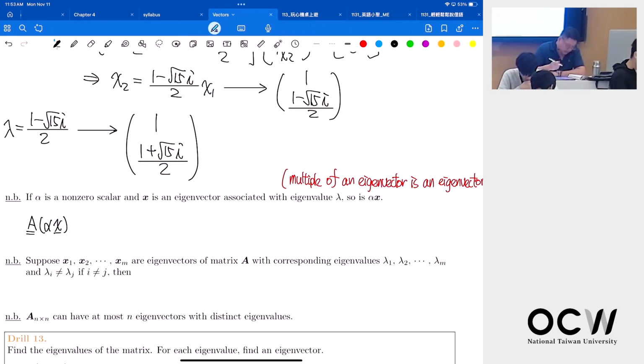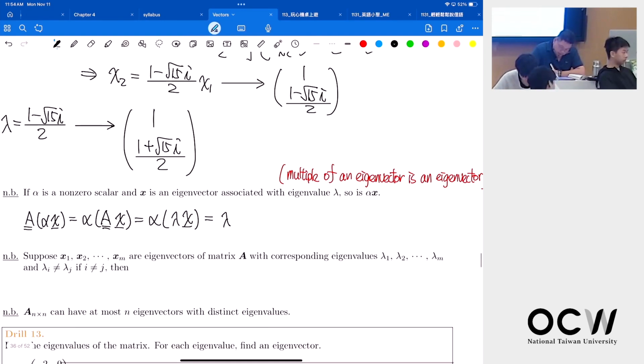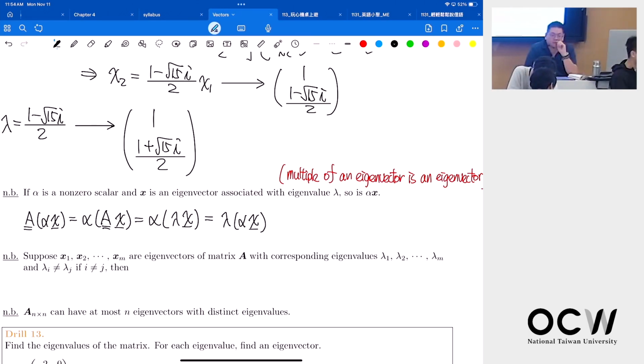Let's see. Alpha x, since alpha is a scalar, so I can put alpha outside, alpha times A x, right? And then since lambda is an eigenvalue, so A x becomes lambda x. And then we put the scalar back, lambda times alpha x. All right.